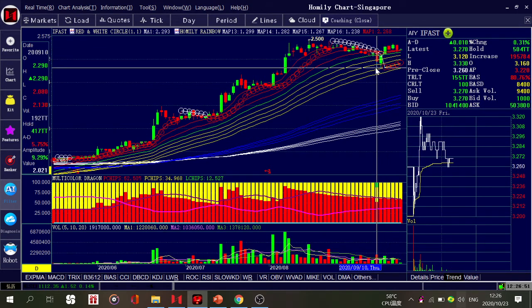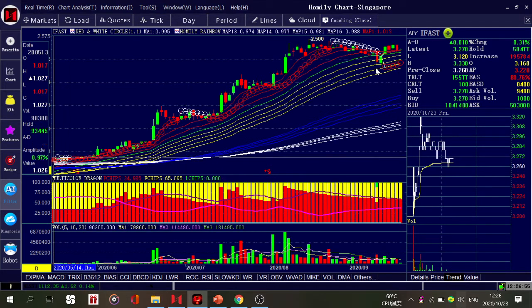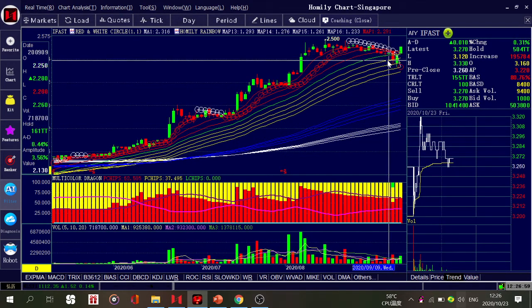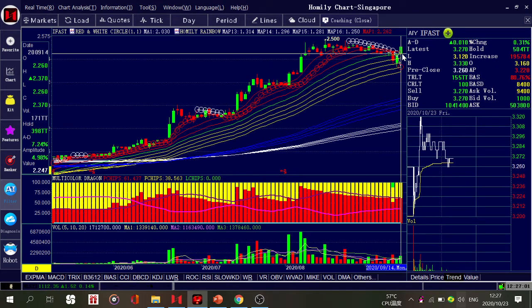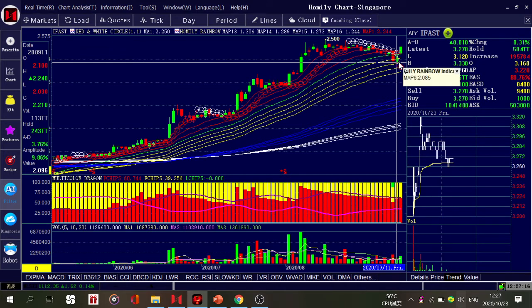And what if the first red circle candle is not a long bullish candle? For example, for iFast, right? This is not a very long bullish candle. This is a small to medium size bullish candle. So in this case, you can set the open price as your stop loss level, or if you can tolerate even higher risks, you can wait until the circle turns white.